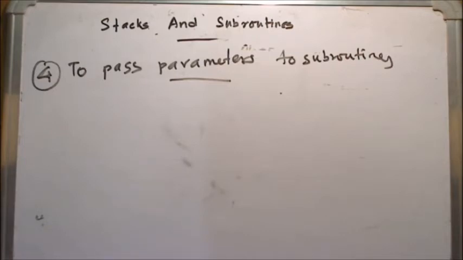At the end I will explain this with an example, because next I am going to teach you subroutines, and without learning subroutines clearly you cannot understand the use of this point.